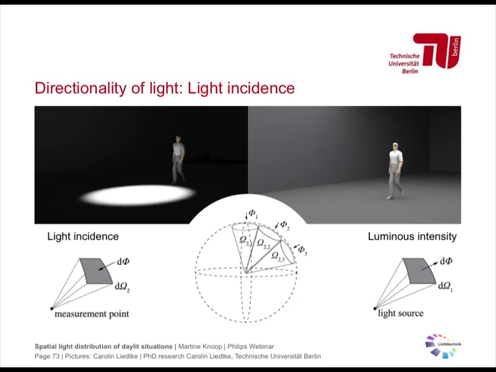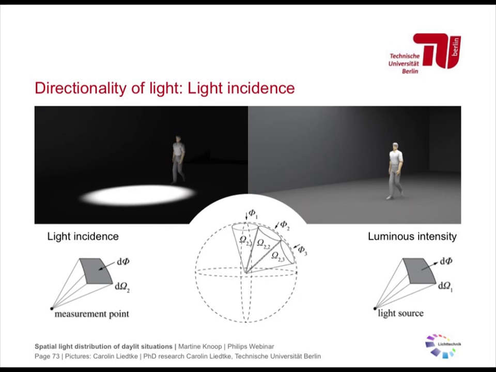She doesn't look at vertical luminance or the luminances on a sphere. She looks at the luminous flux entering a solid angle, which is comparable to the representation of a luminous intensity diagram of a luminaire, but then not for the sending luminous flux, but the receiving luminous flux, which is called light incidence.